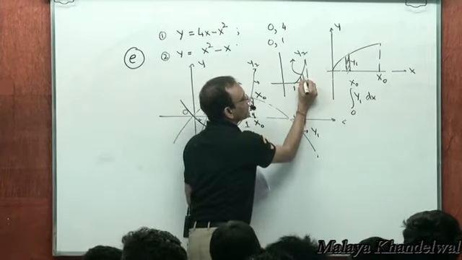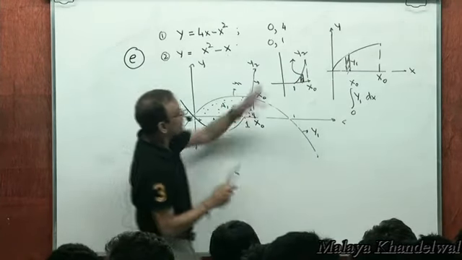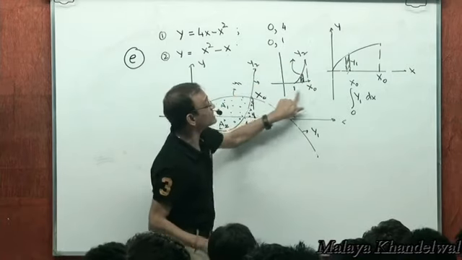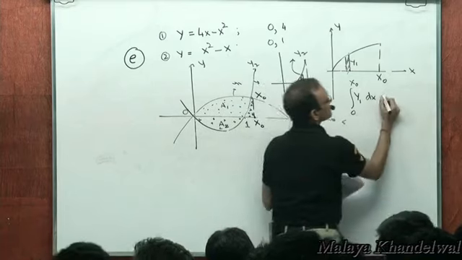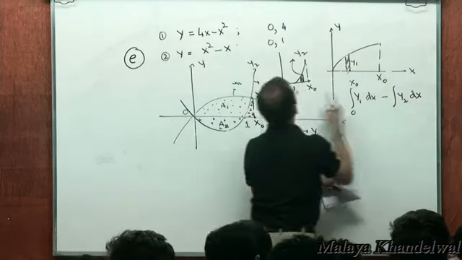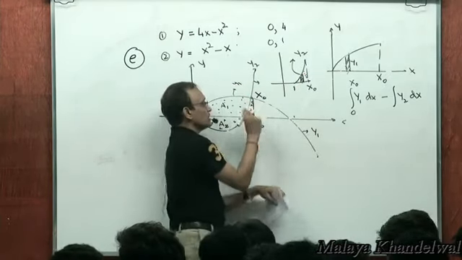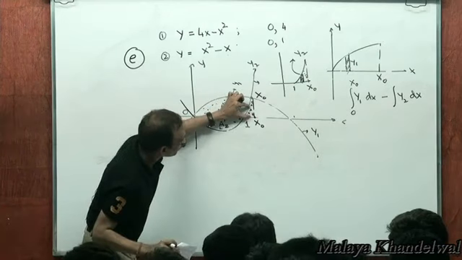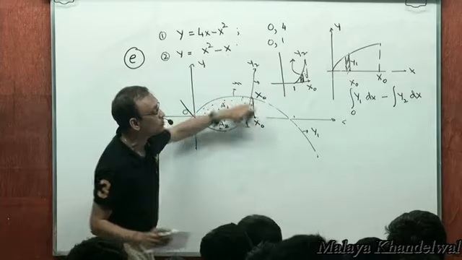So I'll have to subtract the strips y2 dx, where x runs from 1 to x naught. So minus integral y2 dx, where x runs from 1 to x naught. This was the additional area that I was talking of. These strips are all y2 dx's, where x runs from 1 to x naught.